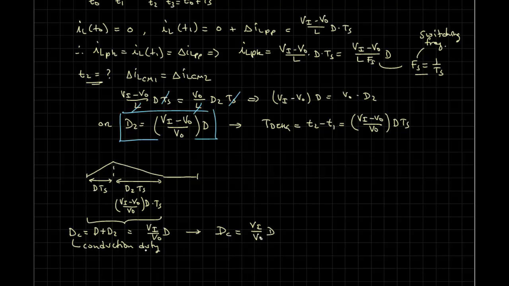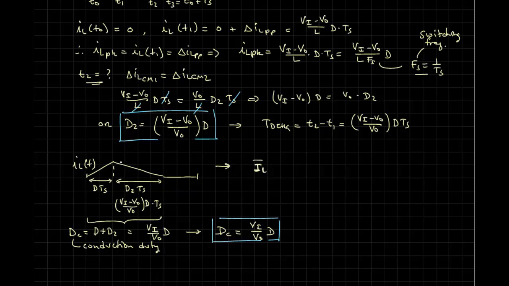I'm just double checking today. Is that right? You put over a common denominator VO and we would get, yeah, the VO would cancel. Okay. So from this, knowing this is IL of T here, we can arrive at IL average.